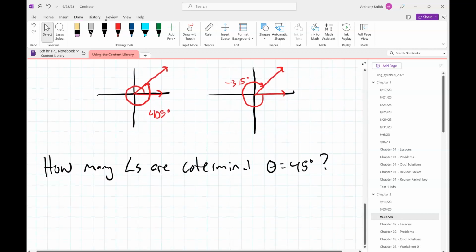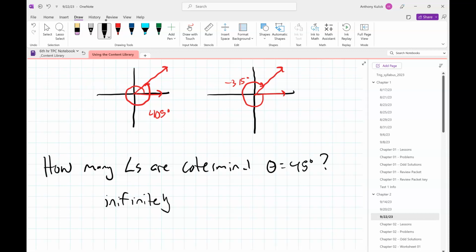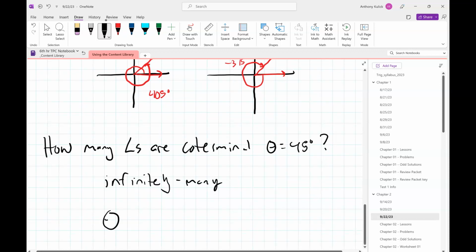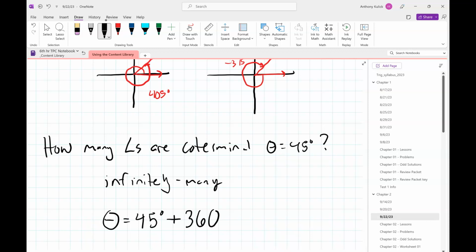So how do we represent that? How do I represent that symbolically? So this is the way we do it. One full rotation is 360, right?